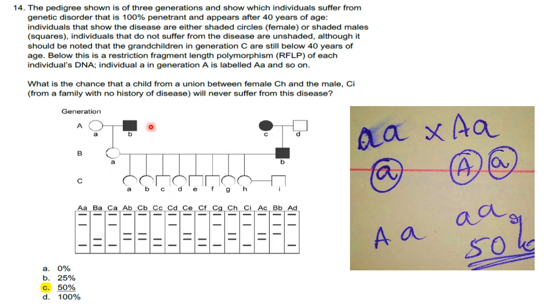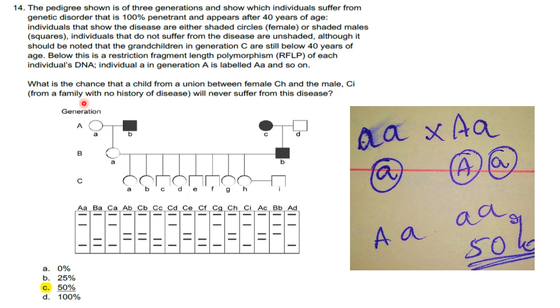Now if you see B, that is A small b. A small b is over here. A small b, that means you can see lines like this, one over here and two here. That means it is affected condition. Now AC is here. That is also showing affected condition.